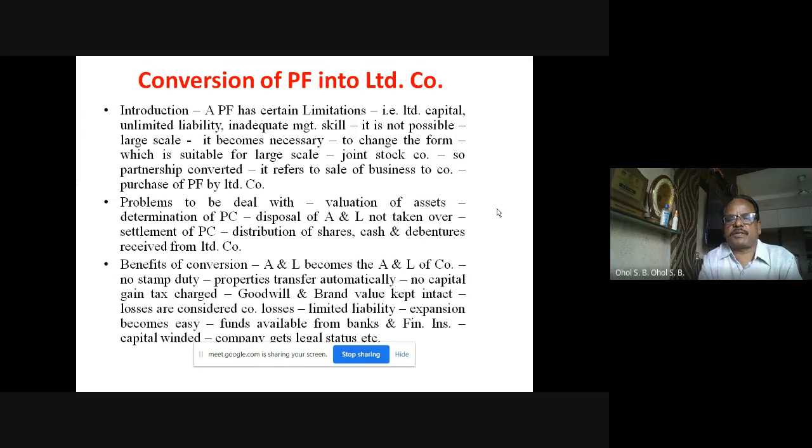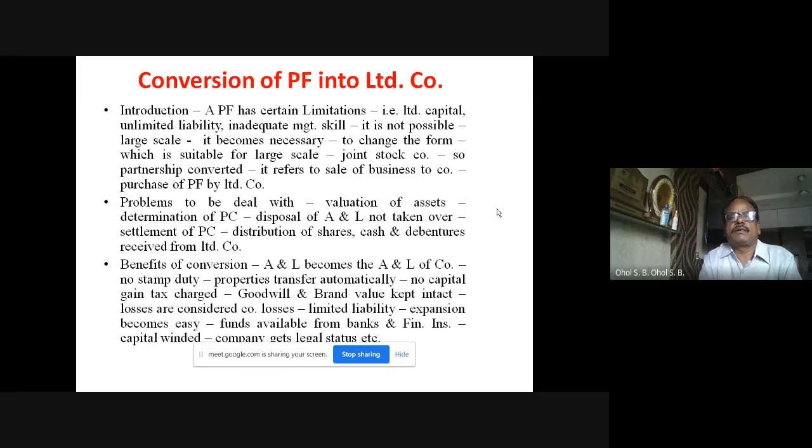What are the important features of partnership firms? How is the business run? And in the case of amalgamation, what procedures and accounting treatments are to be completed, which accounts are to be prepared, how the accounts are closed, how the purchase consideration is calculated. All these things we have studied in detail.